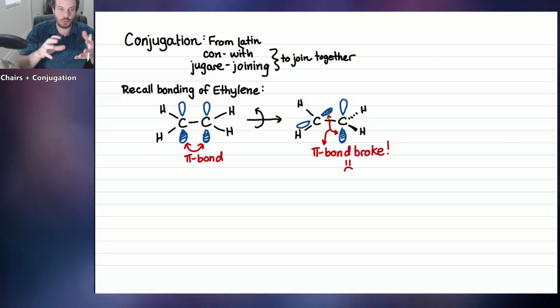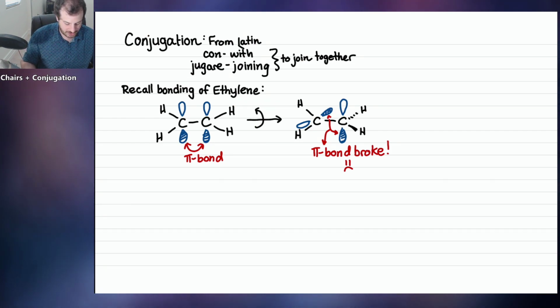So if you twist a CC double bond or triple bond, you're going to snap those p orbitals and cause them to break. So that's not good. So we don't really talk about conformational analysis with compounds that contain pi bonds because they don't rotate. They're locked in place.